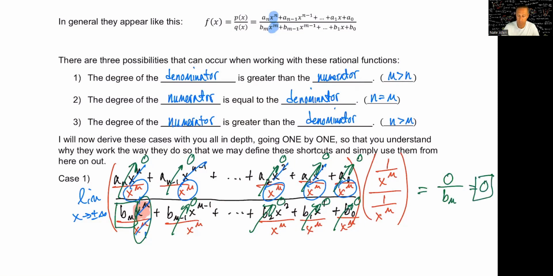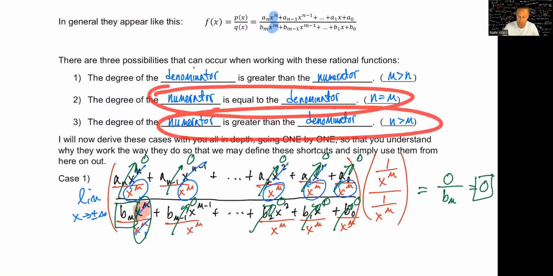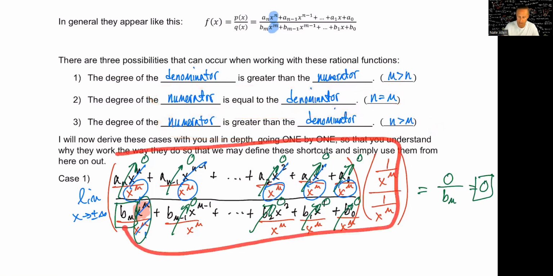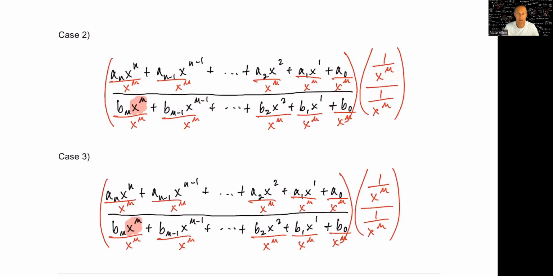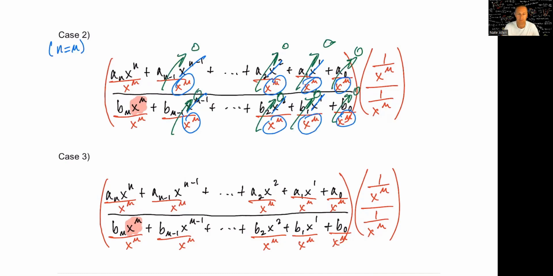Now, if we did that for the other two scenarios to save some time, I'm just going to copy and paste this to get that, and remind you what case 2 said was that what if the top and the bottom powers were the same? Well, now all of the tops would cancel because of the smaller ones, and we'd still have some value of x left in the denominator of all of those, which means all of those would go to 0.